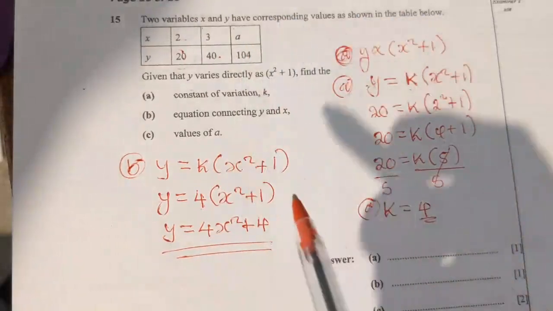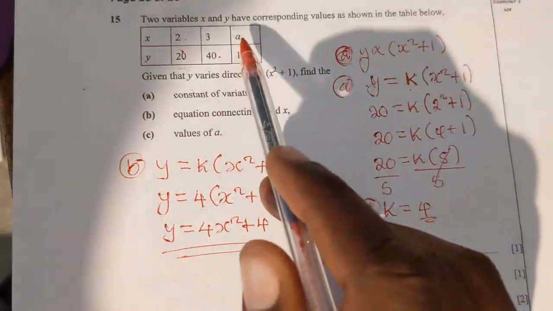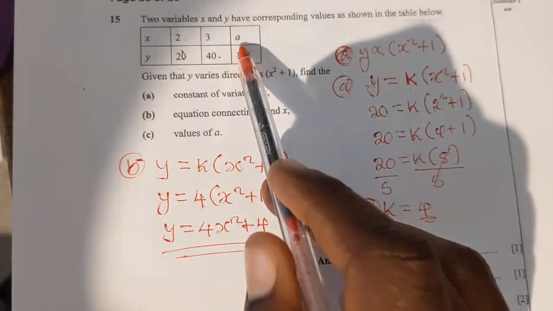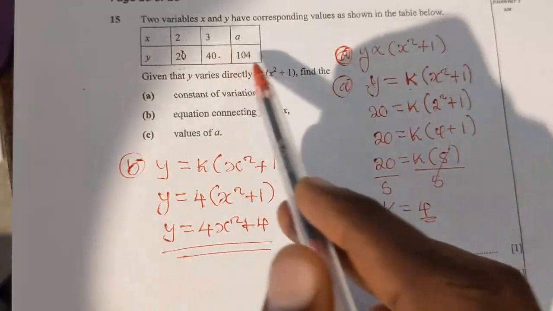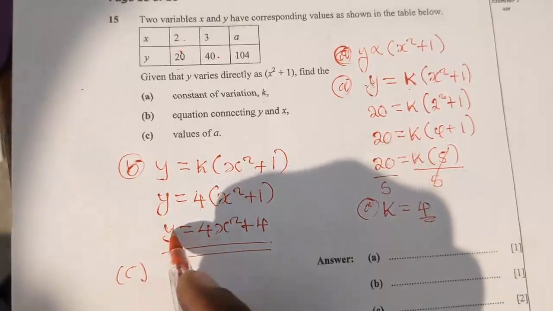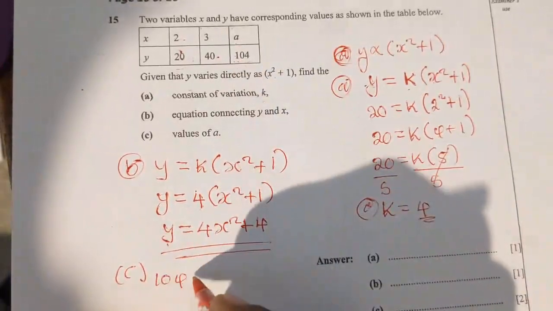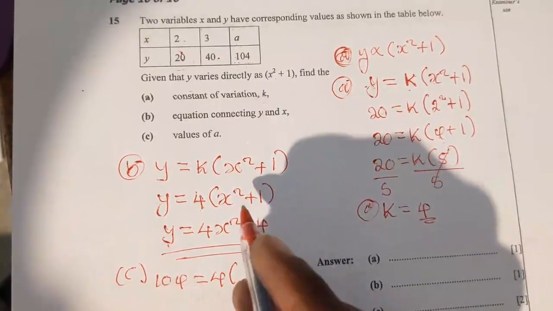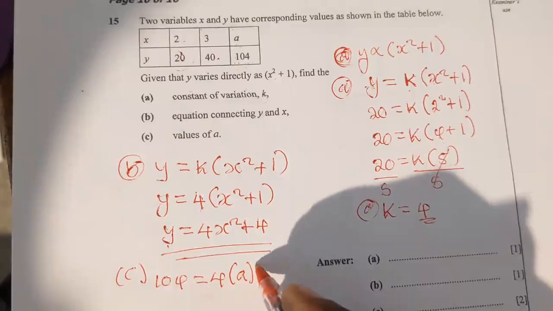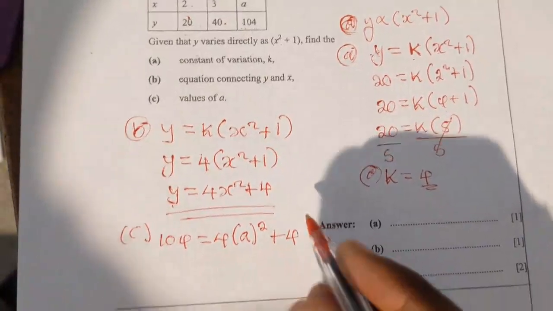You've been told that the value of x is A and the value of y is 104, since we are solving C. So we have 104 is equal to 4 times, the value of x is A, so A squared plus 4.